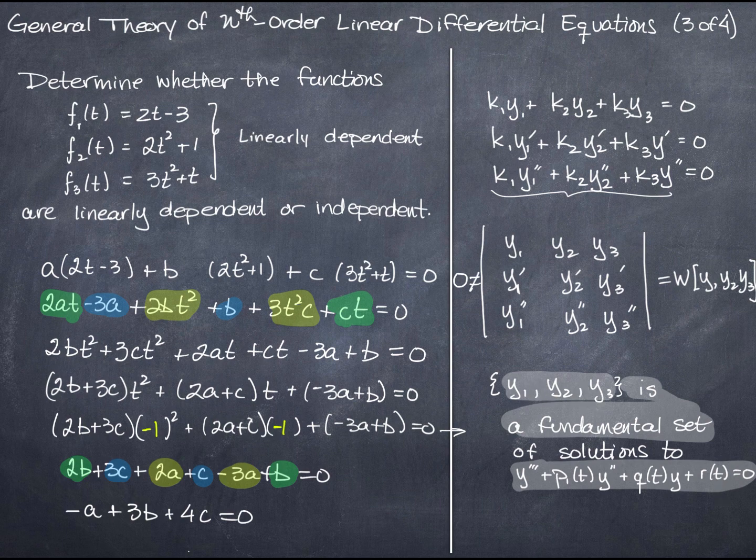And if they are linearly independent, then they form a fundamental set. So those two statements go both ways. If the collection is linearly independent, then that collection forms a fundamental set of solutions. If we have a fundamental set of solutions, then the things in that set are linearly independent.